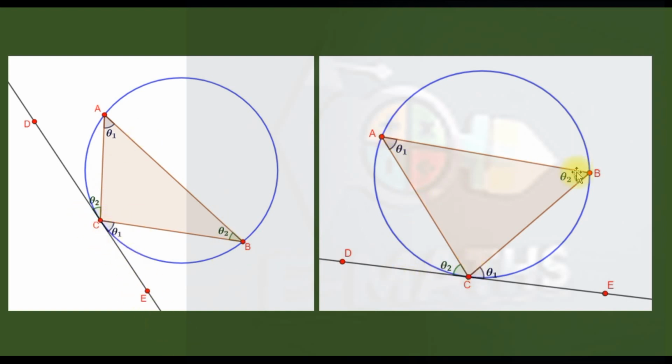So the point of tangency is C, and a tangent line passes through it. We are saying that the angle formed by the chord and the tangent line, which is θ1, or another chord and the tangent line, which is θ2, is equal to the opposite interior angle. So that's exterior, this outside, this interior, opposite that one.